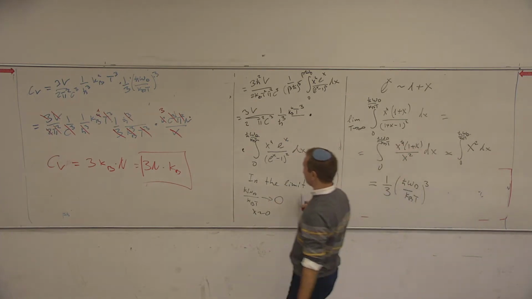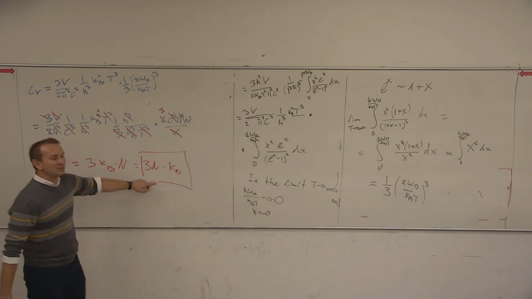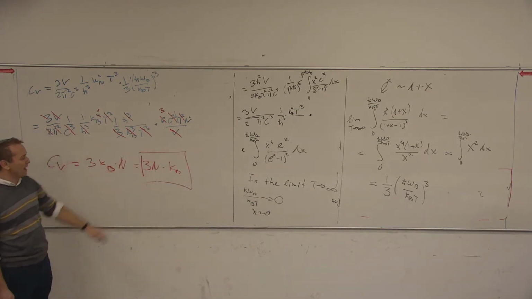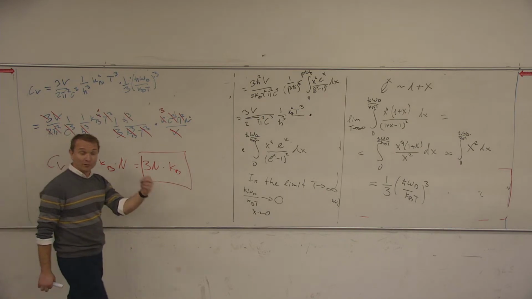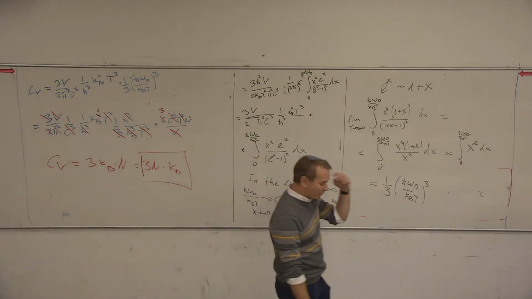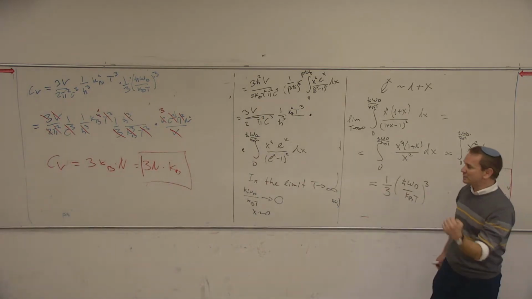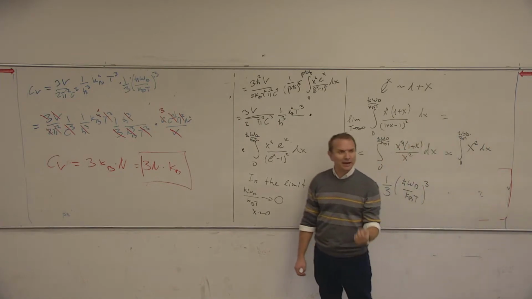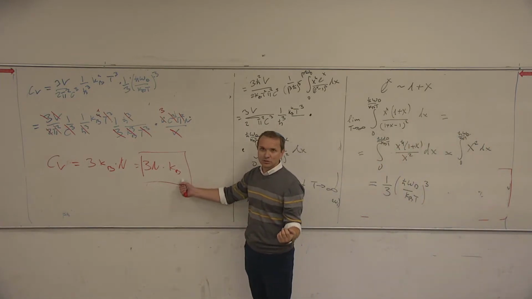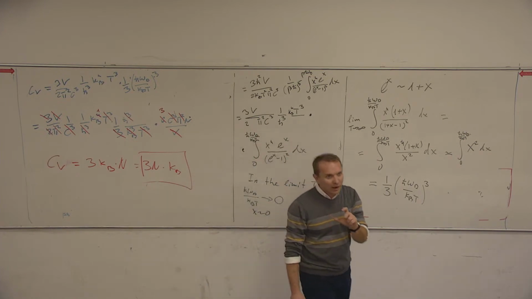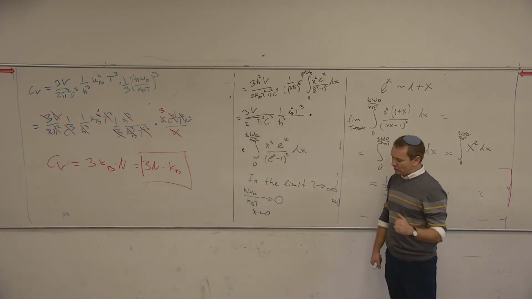So we will discuss later, not today, I won't have time today, why from first principles I should expect for any system at high enough temperatures such a result. So this is not the Einstein model or the Debye model.